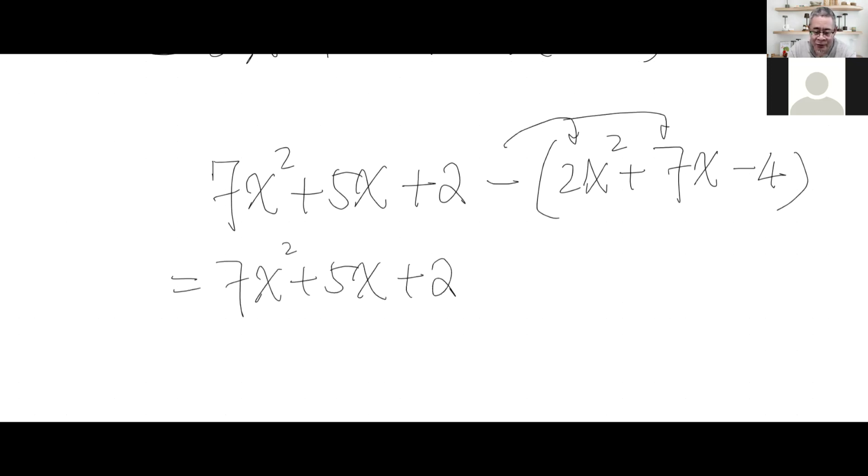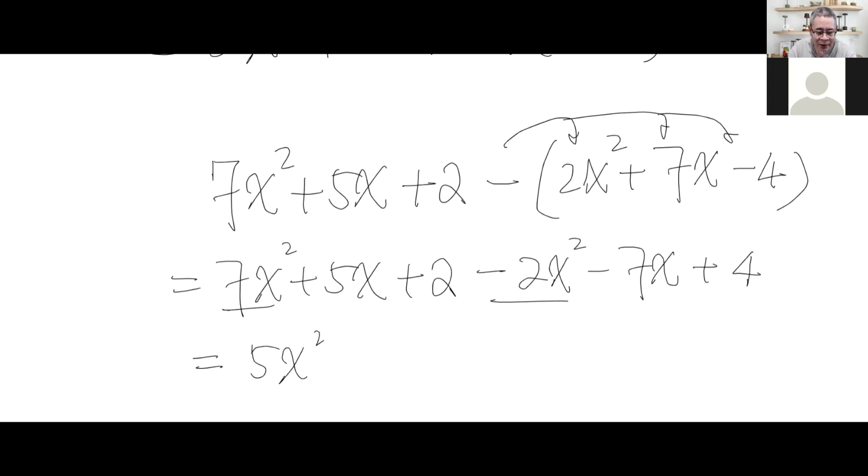And we got minus 2x squared minus 7x plus 4. Now we can see this plus this, both have x squared, so that's the like term. We got 5x squared. Then 5x minus 7x, so it's minus 2x. Then 2 plus 4, we got 6. And so now we got this. Good? Good.